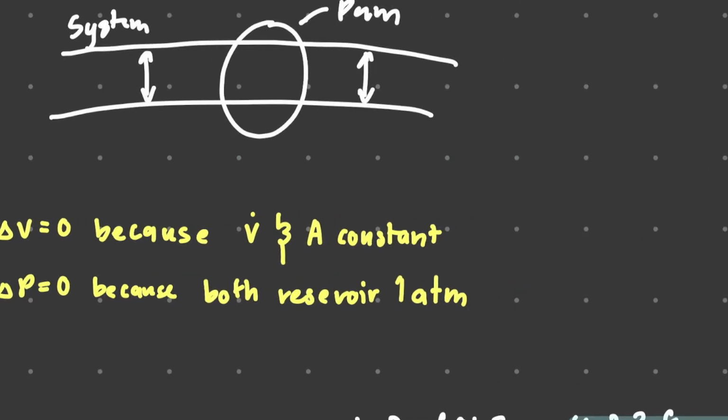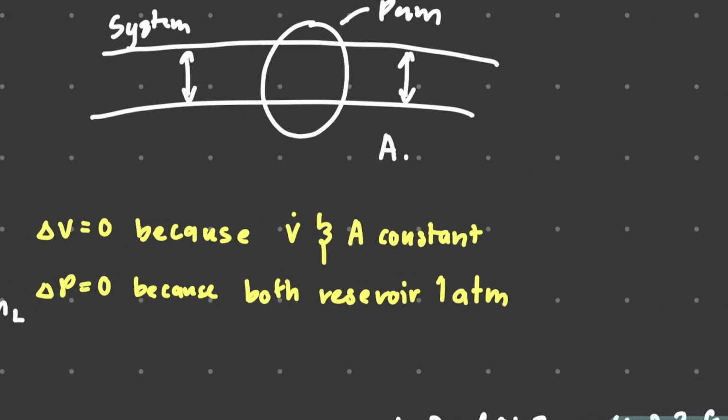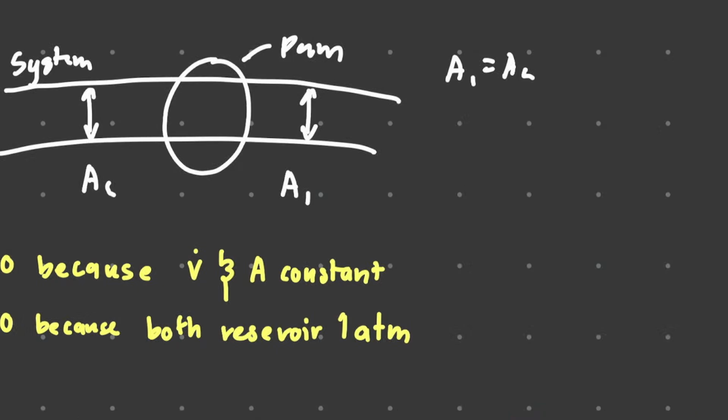If your area here is the same, area 1 equals area 2, then you can use the major loss plus minor loss: HL equals H major plus H minor.